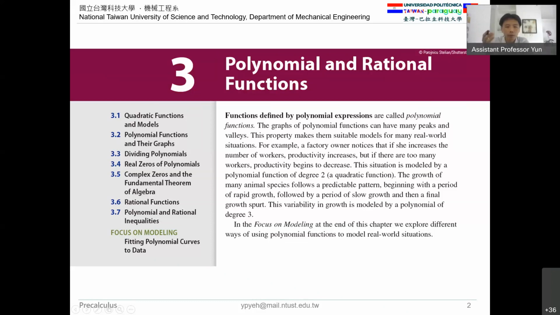So from the graph, I believe that you can estimate the physics phenomenon or some real situation in our life by the graph of these functions.